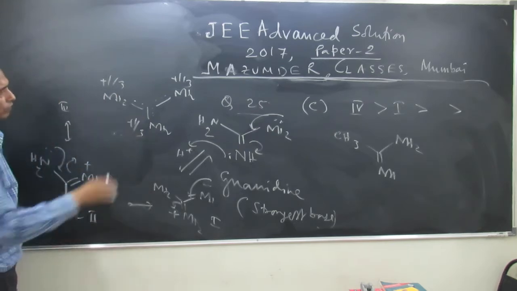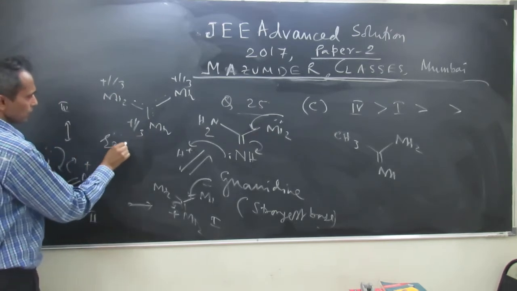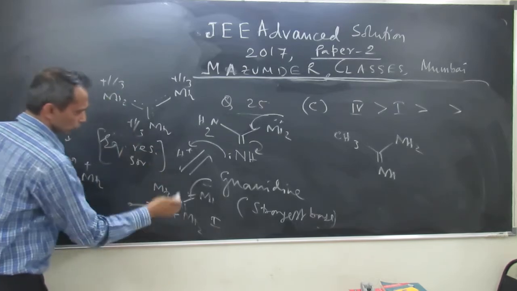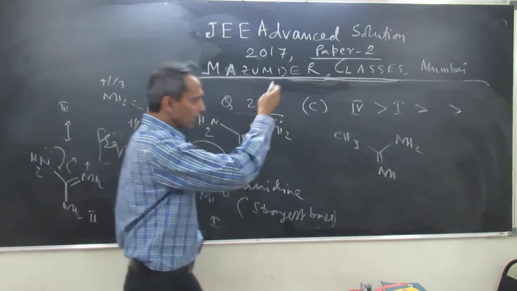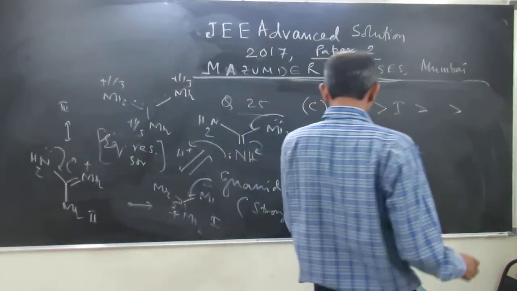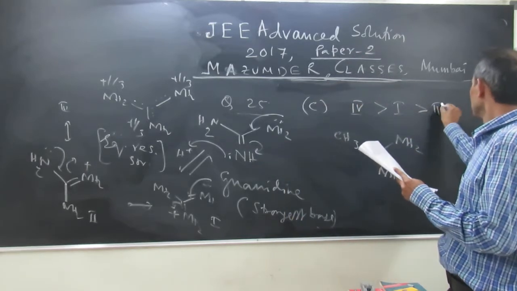Obviously this is very stable because it is an equivalent resonating structure. Since the conjugate acid is very stable, it is the strongest base, and obviously this will come after that. So there is no confusion that 4 is greater than 1, then greater than 2, greater than 3.